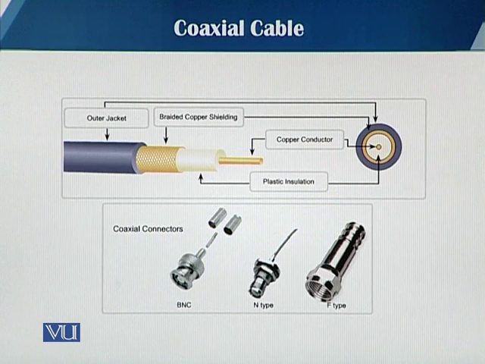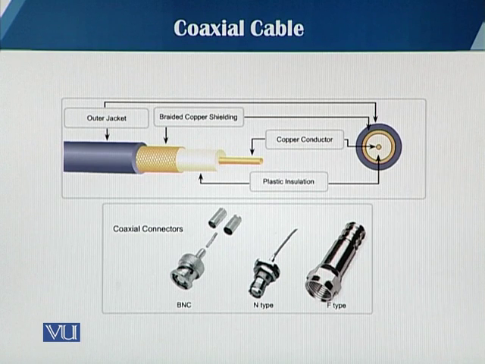The third type is coaxial cable. This is used not only in network communication, but also in cable television. This coaxial cable, as you can see from the slide, has a copper conductor, and then a plastic insulation, and then the outer covering is braided copper shielding.